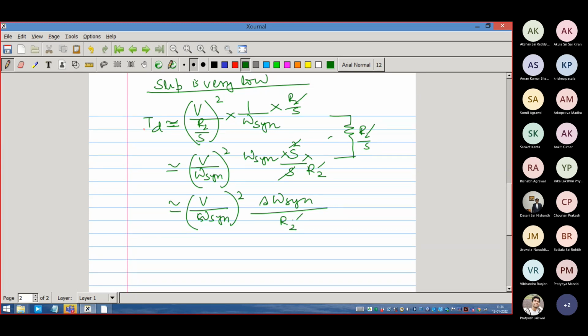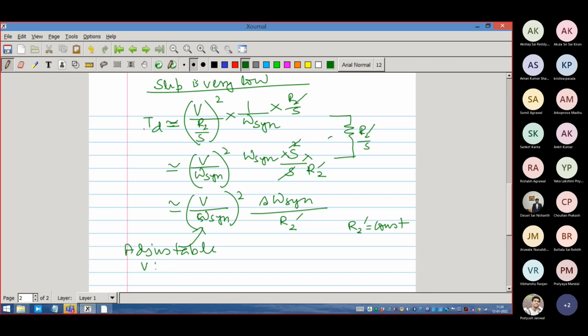Right. So if you look at it, a machine R2 dash once chosen during the operation, it is a constant. It doesn't change. R2 dash is equal to constant. It's a physical constant. What we can adjust from our perspective is that ratio of V by omega sin. This ratio is adjustable. Why is it adjustable? V is after all the terminal voltage.